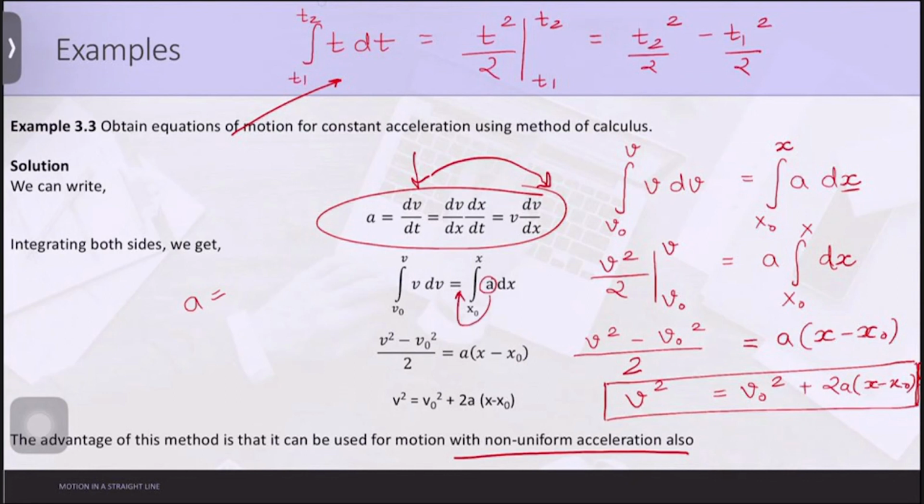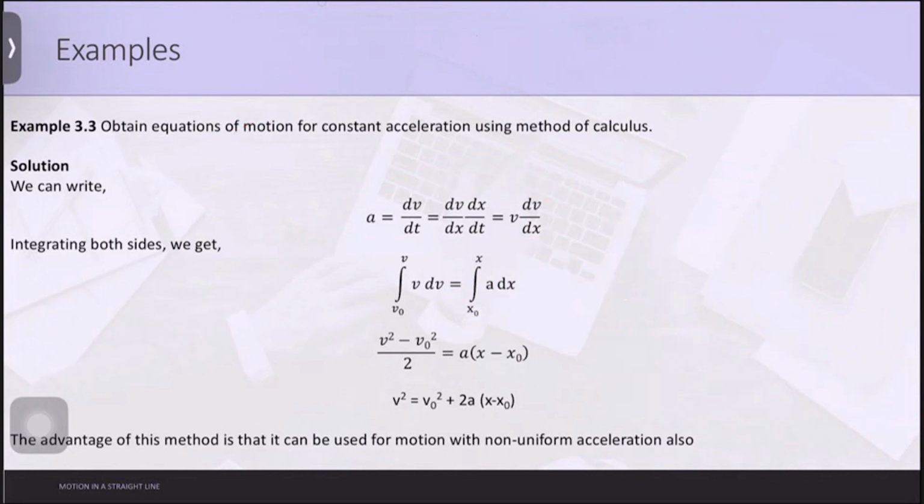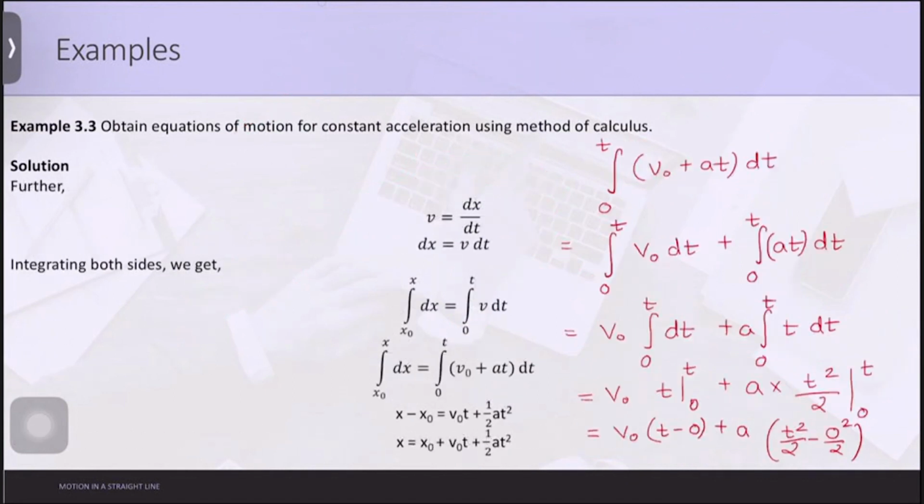There may be a situation where this a is a function of x. If it would have been a function of x, then there would have been a multiplication, like let's say x dx, or x square dx, and then we would have integrated. Similarly here, it's a dt now.